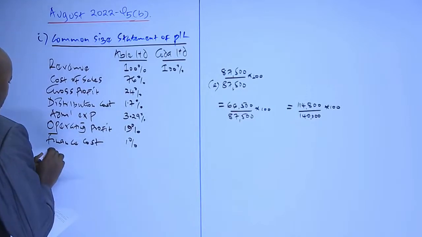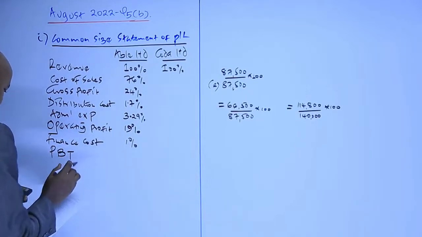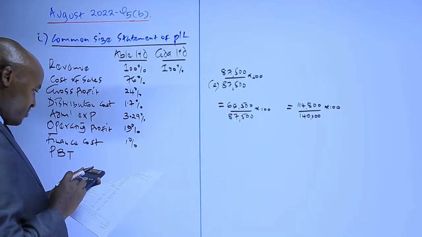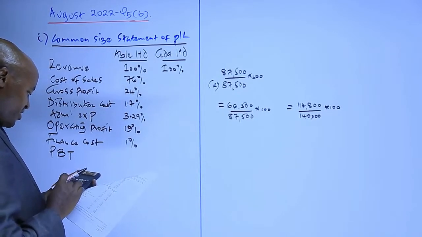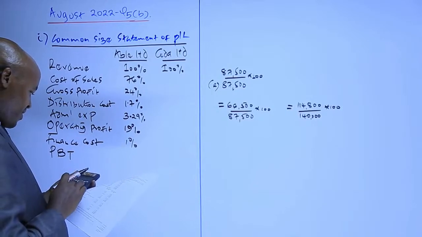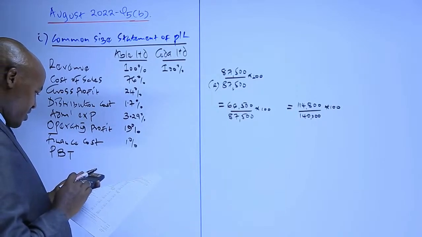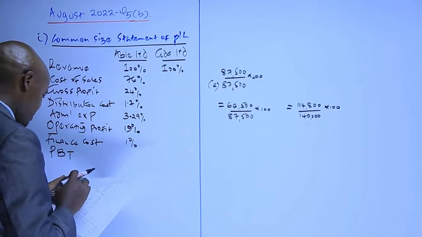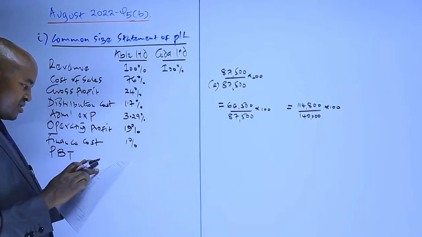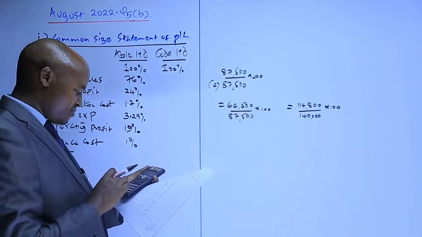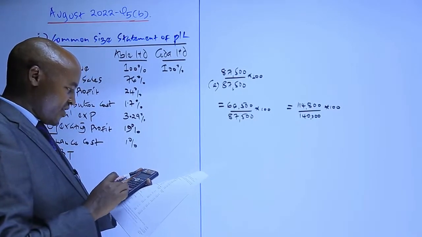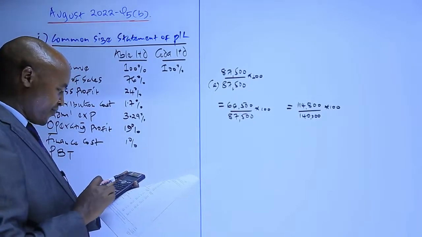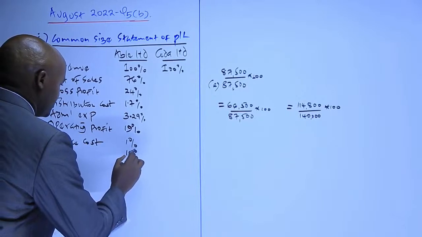Then below that we have the profit before tax, which is a figure of 15,750 divided by 87,500 times 100%, which will give us 18%.